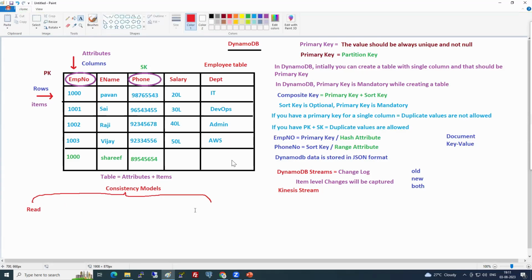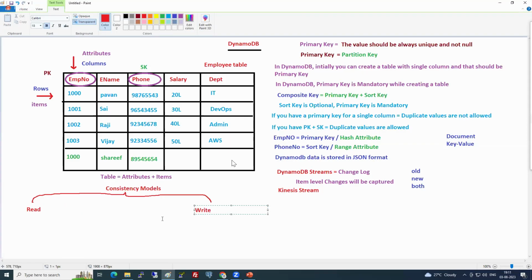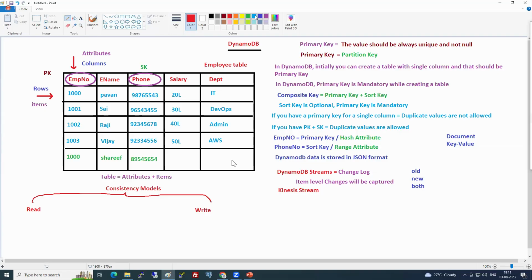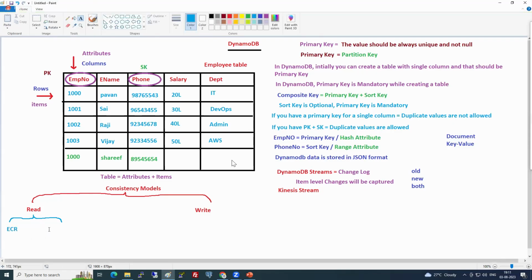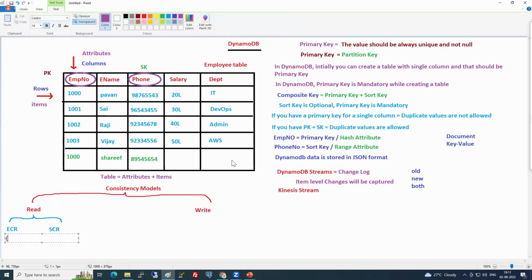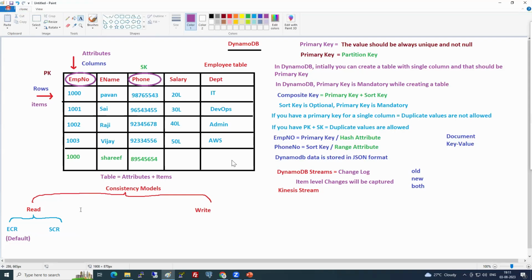In reads, we have two types, which we just discussed in the PPT. What are those? ECR and SCR. Which one is the default? ECR is default. Very good. ECR means eventually consistent reads, and SCR means strongly consistent reads. Very important, the definitions.